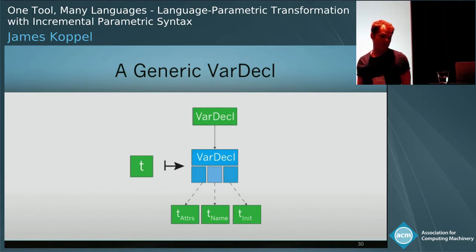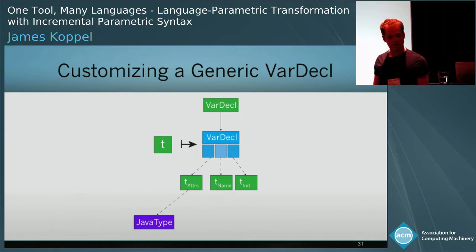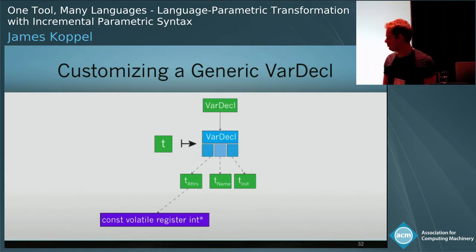It has an optional initializer, a name, and the variable declaration attributes. What are these variable declaration attributes? In Java, it's a type. In C, it's const volatile register int star. It's a bit more complicated.